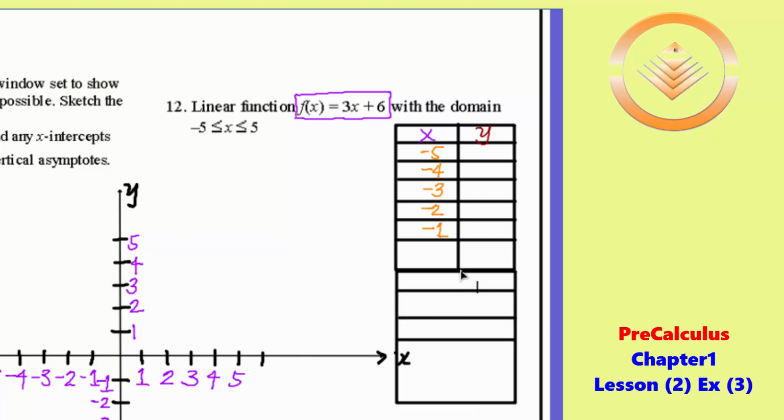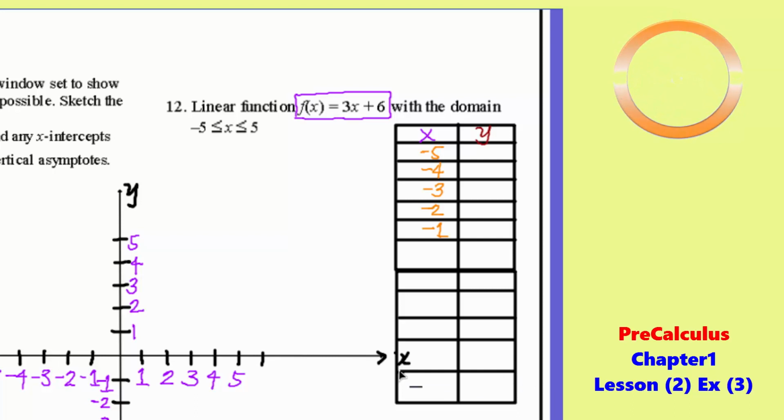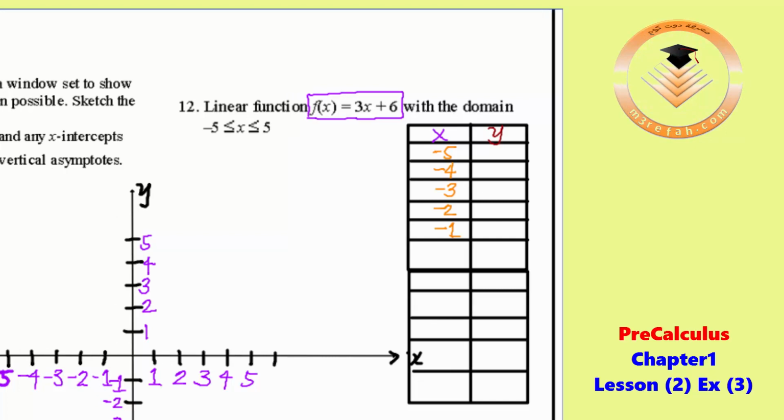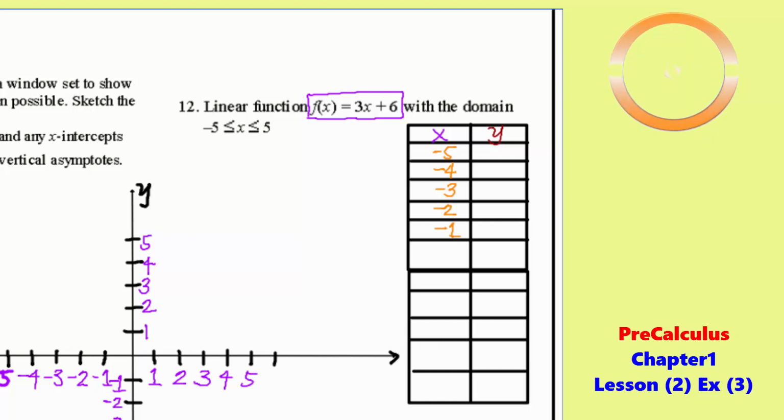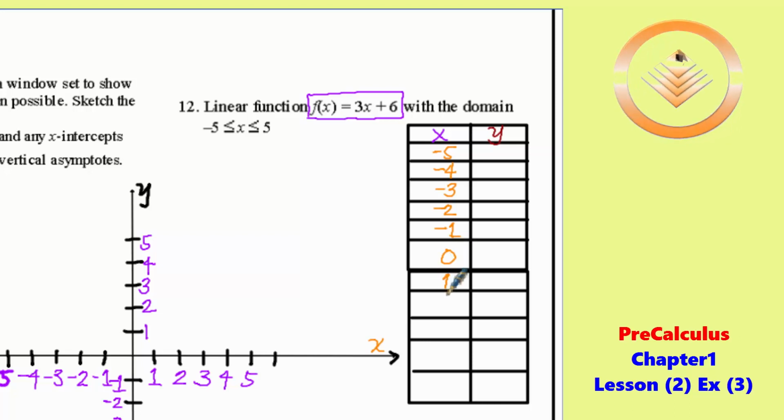Let's draw a vertical line here, and let's erase this x here and replace it by writing it here. Now we have negative 1, 0, 1, 2, 3, 4, 5.